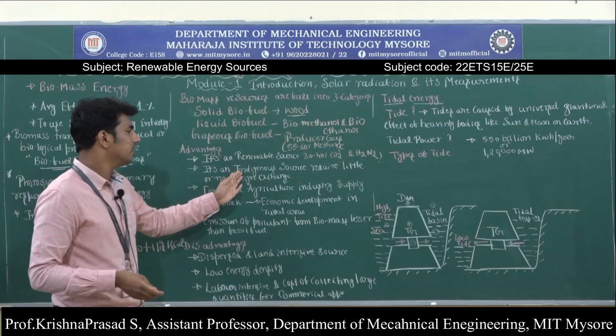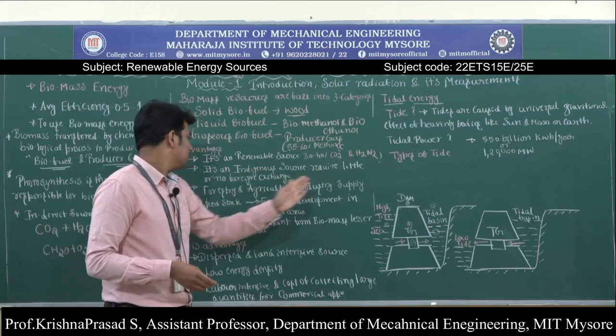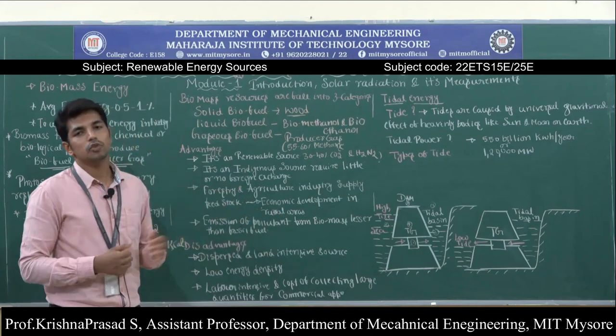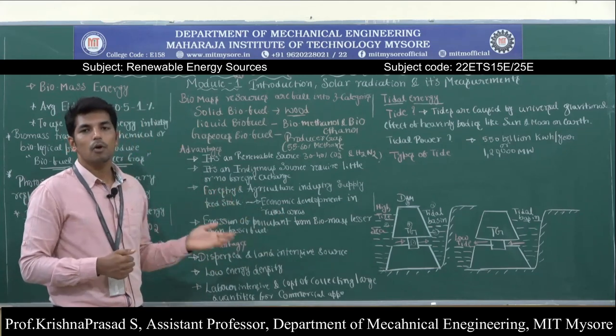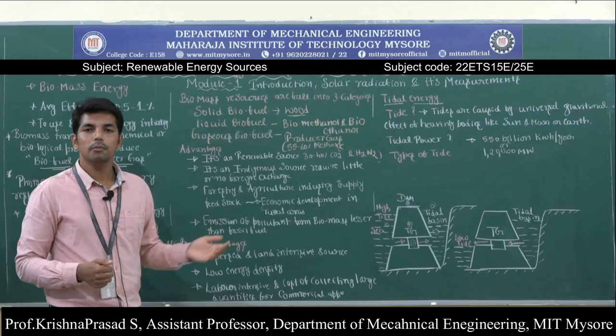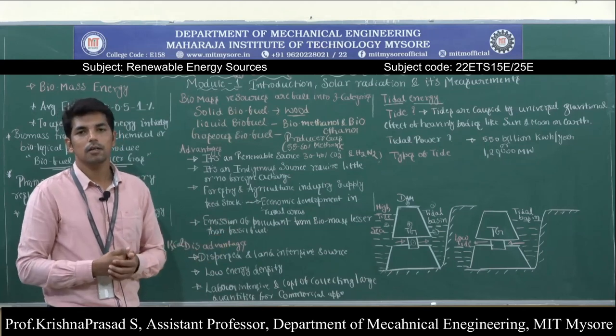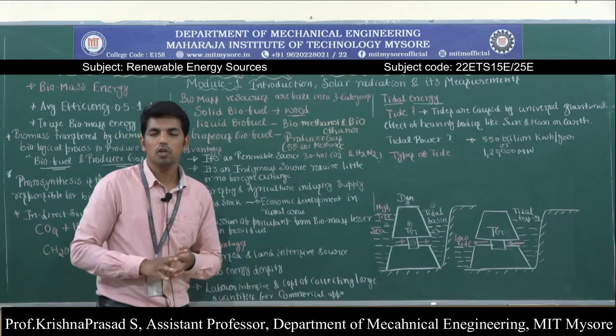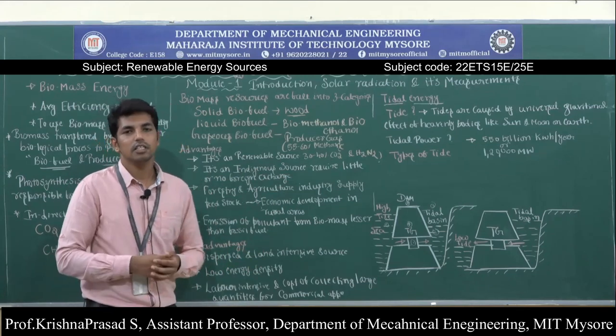Then it is an indigenous source, requiring little or no foreign exchange. That means it is a native resource. These resources can be obtained from rural areas and used to convert to biomass energy. So that's why it is called an indigenous source, and it requires little or no foreign exchange, unlike wind energy or solar energy.